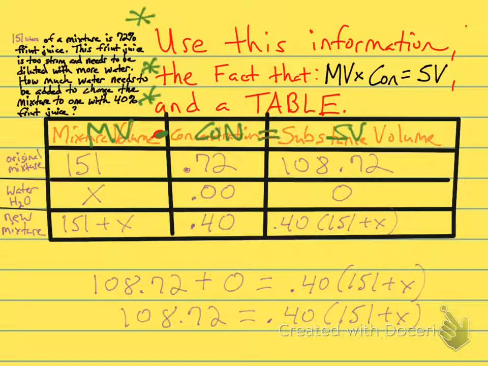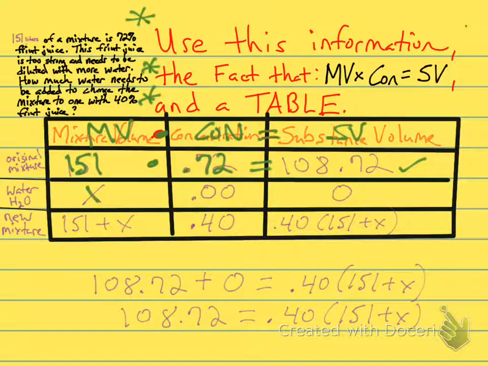Our original mixture had 151 milliliters with a 72% concentration. If we multiply across on our table, this gives us the milliliters of actual fruit juice in the mixture.